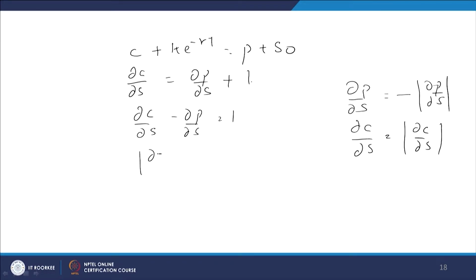Mod of del C by del S plus mod of del P by del S is equal to 1. This is what we were saying. The sum of the absolute value of the delta of the call and the absolute value of the delta of the put option is equal to 1.